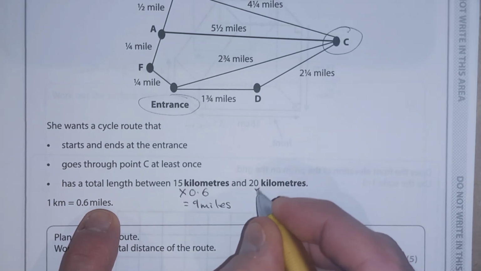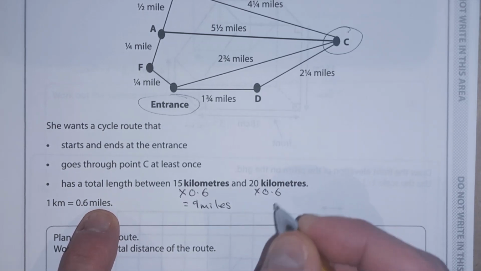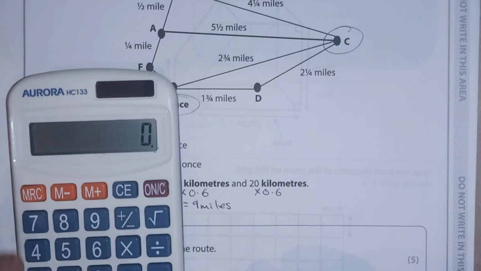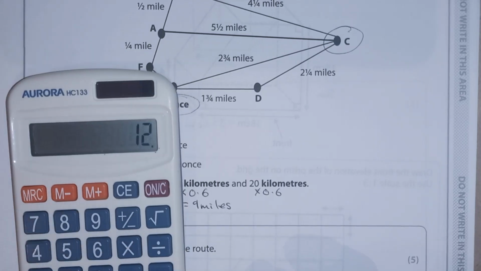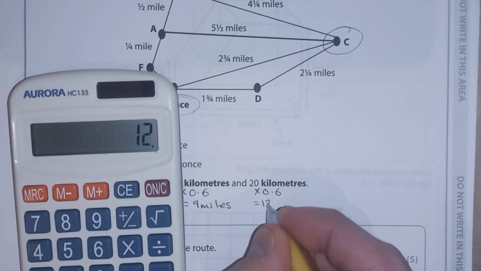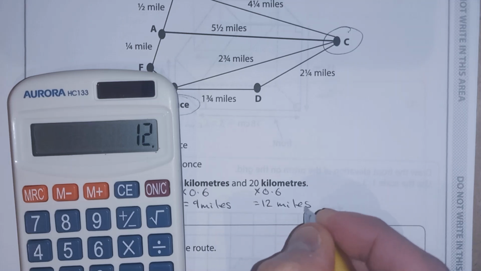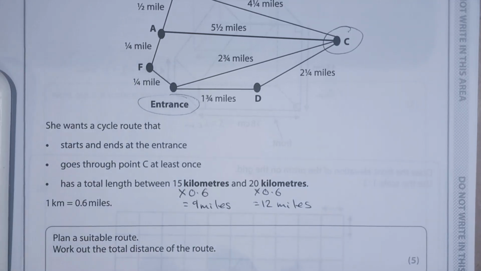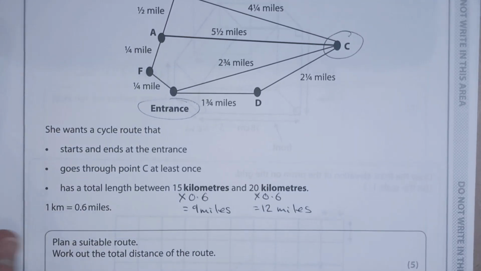Do the same with this. We multiply the 20 by 0.6, and we get 12 miles. So we want our total route to be between 9 and 12 miles.